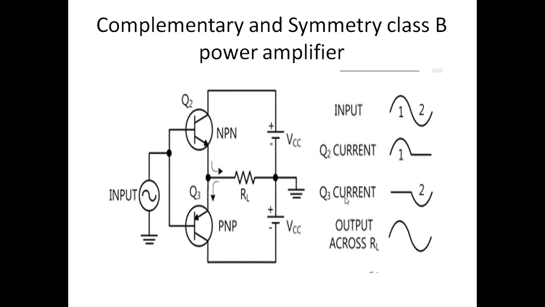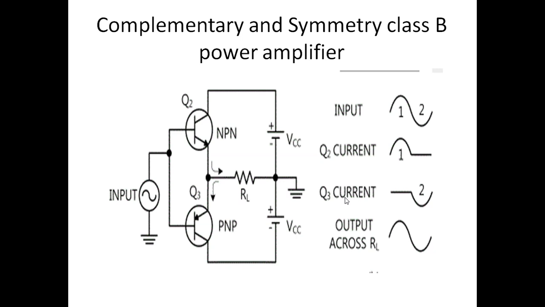When this is applied to the class B push pull amplifier, the amplifier consists of two transformers. One is connected at the input side and another one is connected at the output side. The transformer secondary is connected to two transistors as shown in the figure, in the push pull structure. Transistors Q1 and Q2 are used.